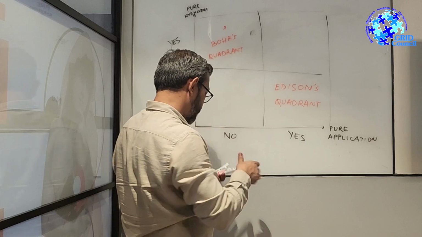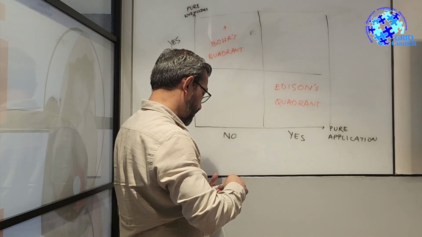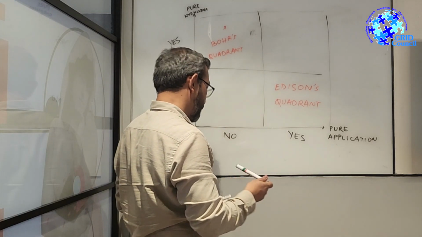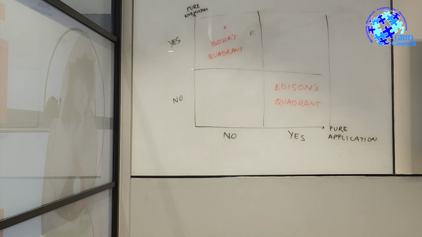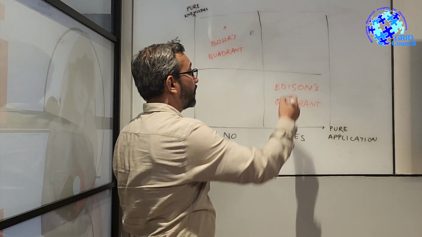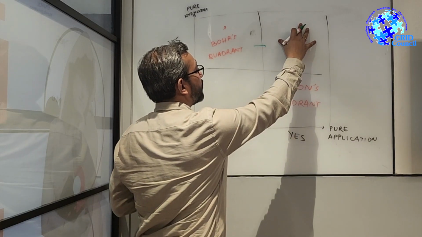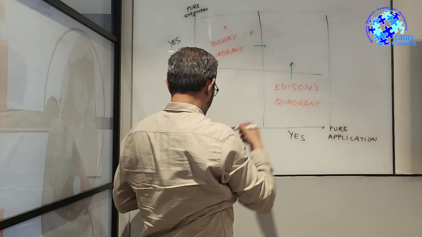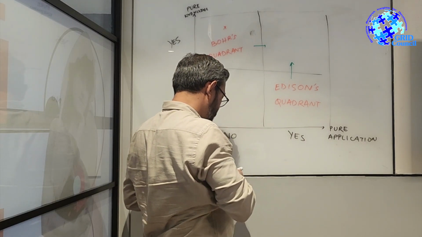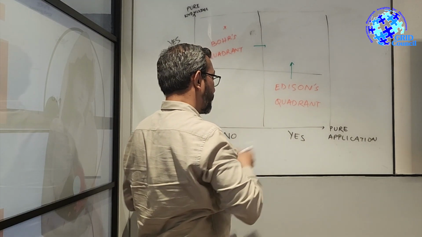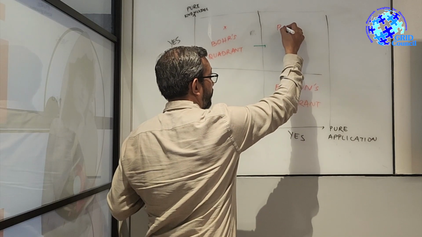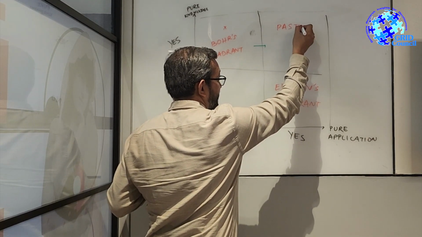Now, there is this quadrant where we find some people, this quadrant where we want everyone to move into, which is high on knowledge and high on application. And we call it the Pasteur's quadrant. We know that Louis Pasteur was into the vaccines and all.